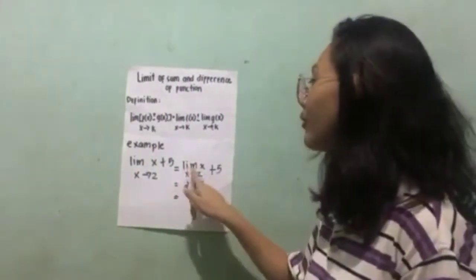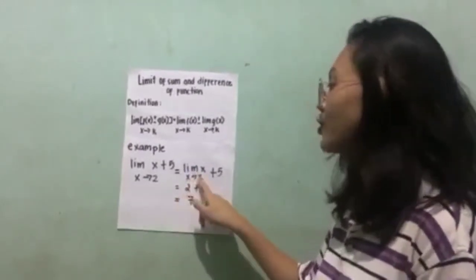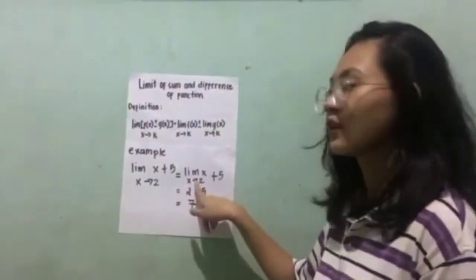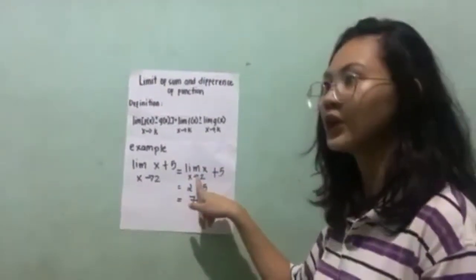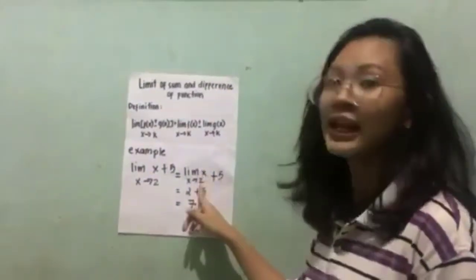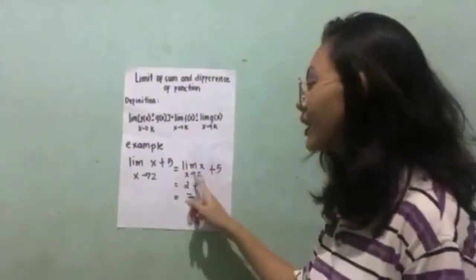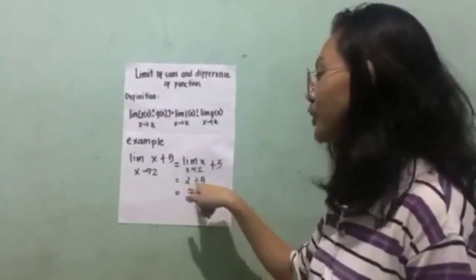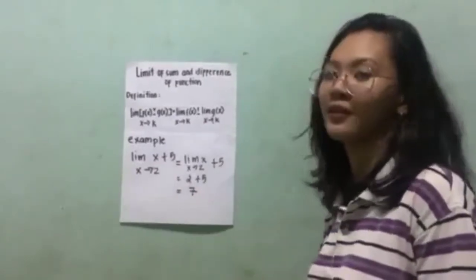Kaya magiging limit of x where x approaches to 2 plus 5. Yung k natin, yun yung magiging sagot. Limit of x where x approaches to 2 is equals to 2. Kaya 2 plus 5 is equals to 7.